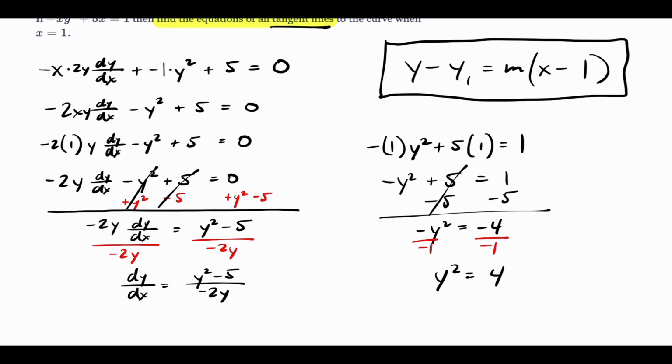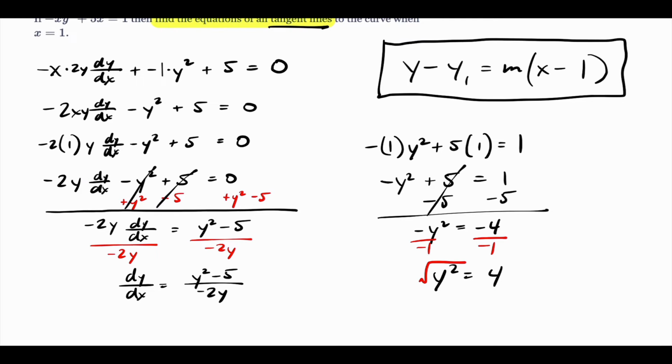How do I get y by itself? Square root. Anytime I'm solving and I take a square root, there's going to be 2 answers. One's going to be a positive 2, one's going to be a negative 2, because positive 2 times positive 2 makes 4, and negative 2 times negative 2 makes 4. So I have 2 y values.